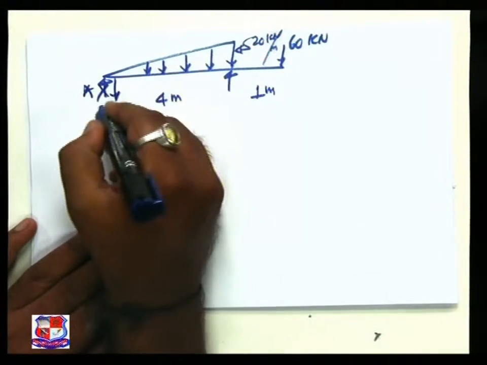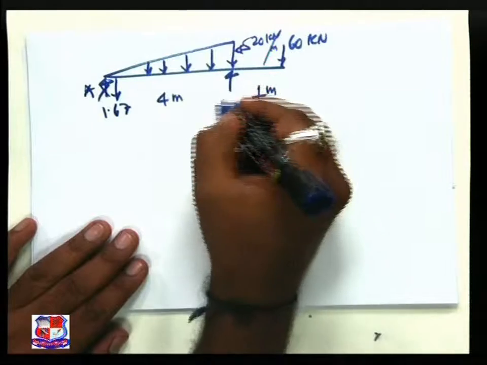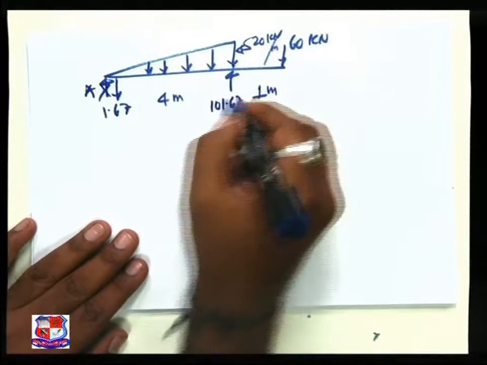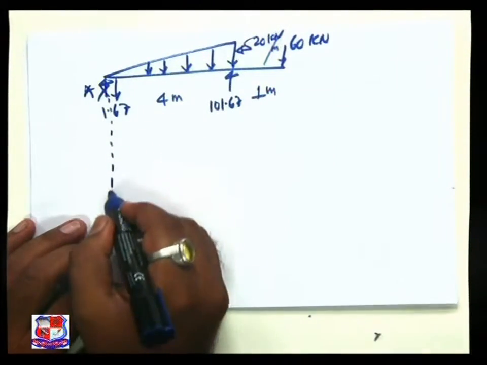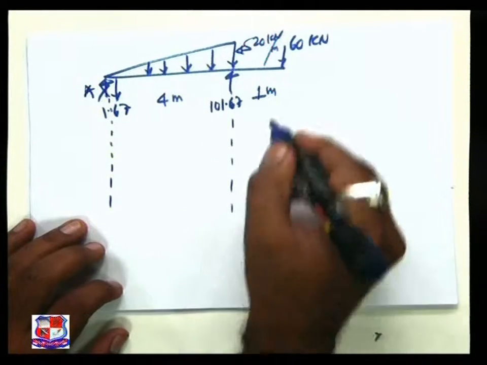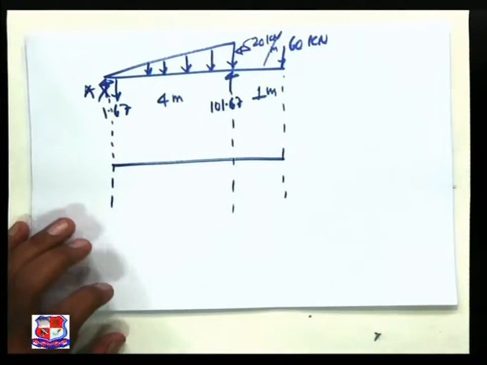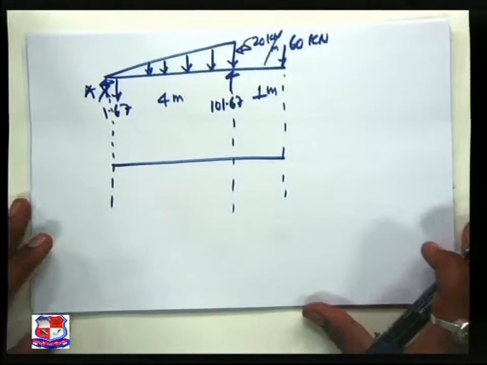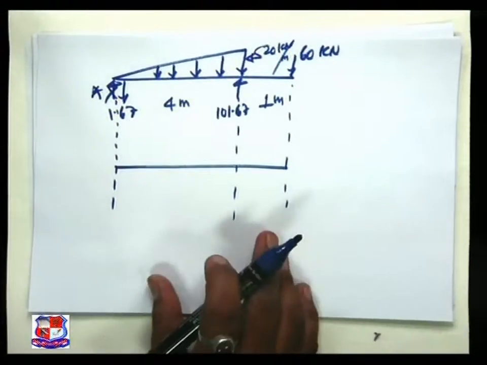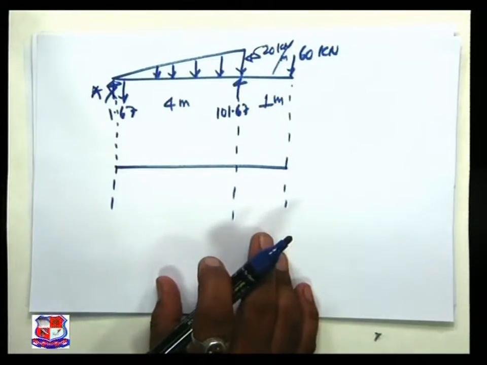This reaction is 1.67 in the downward direction. This is 101.67. This is our baseline, and our intention is to plot the bending moment diagram because of this.